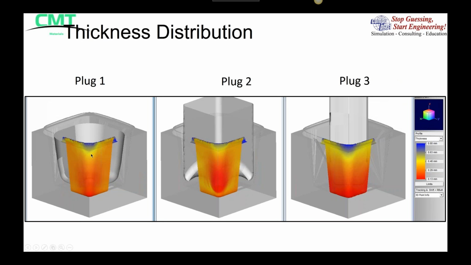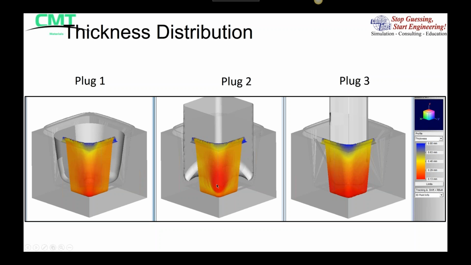And so here we can see the thickness distribution, all of them at the same scale of 0.13 millimeters minimum to 0.8 millimeters maximum. And we can see the different distribution that results from the different plug shapes.